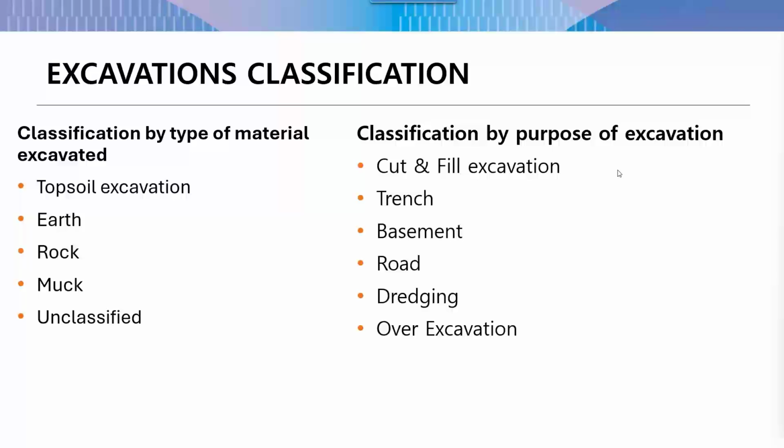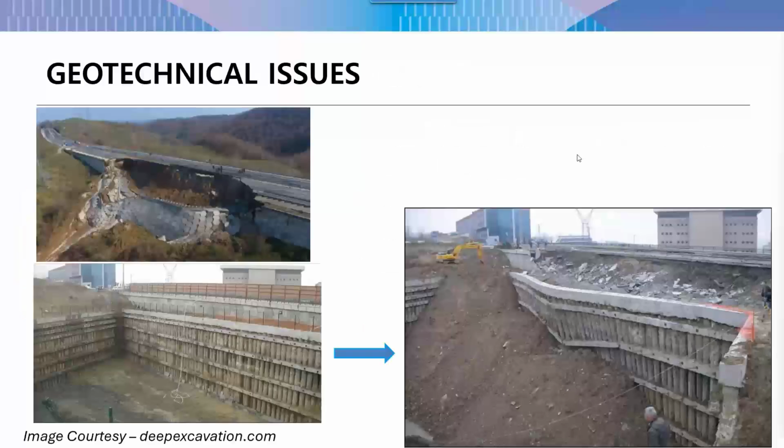Now coming to a few geotechnical issues associated with excavations. What kind of geotechnical issue can we think of? A lot of things can go wrong if our study or our interpretation of the particular science is not 100% complete.